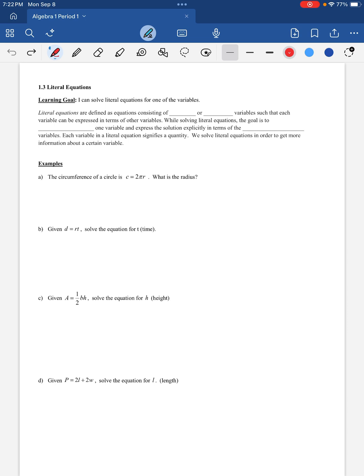So literal equations are defined as equations consisting of two or more variables such that each variable can be expressed in terms of other variables.